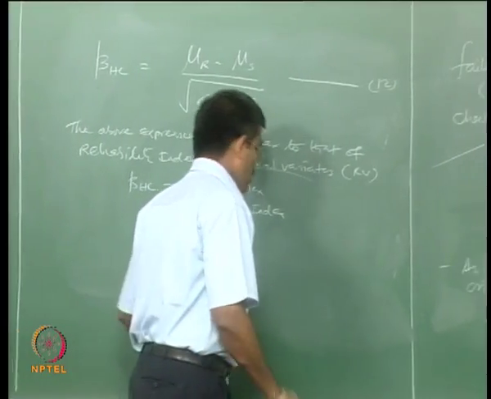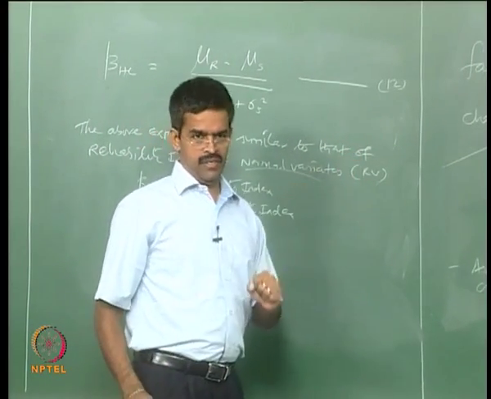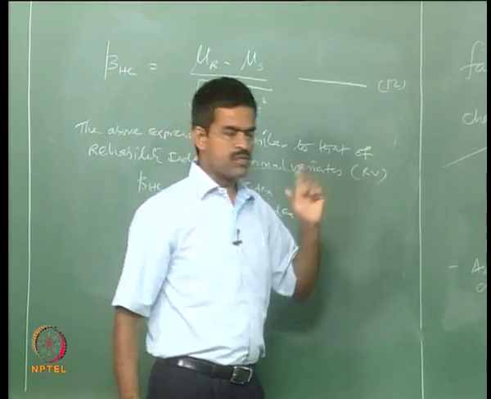Now when the limit state function is nonlinear, now it is linear, so straight line, okay. When it is nonlinear, what happens?